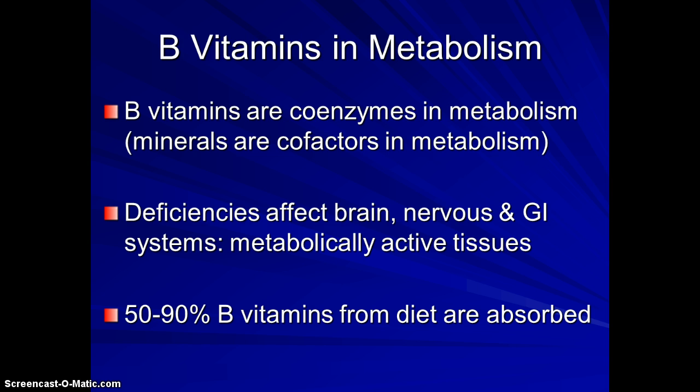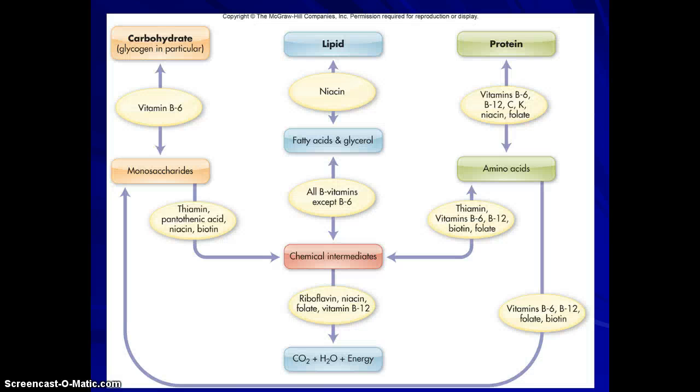And again, B vitamins are very well absorbed, and we typically have plentiful amounts in our food supply, so deficiencies are not common. So this gives a little concept map of some of the B vitamins that were required in energy metabolism. So carbohydrates, as you can recall from chapter 4, break down into monosaccharides.